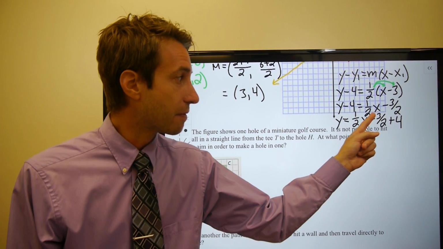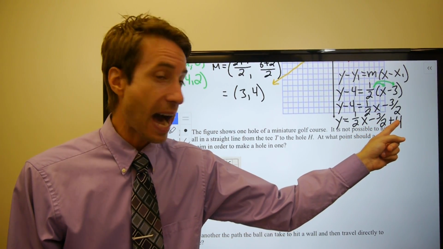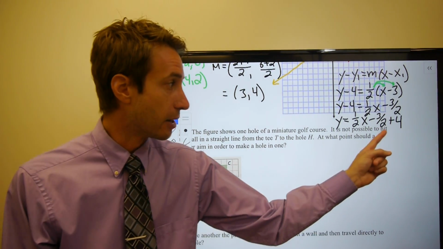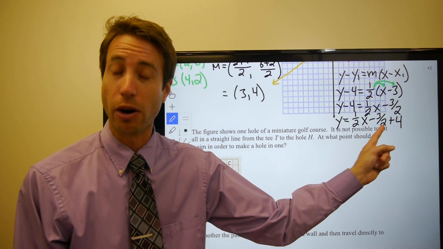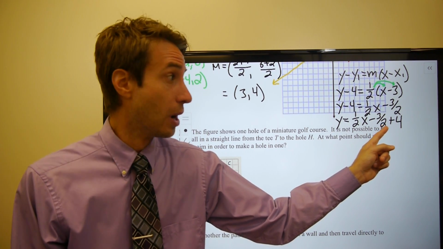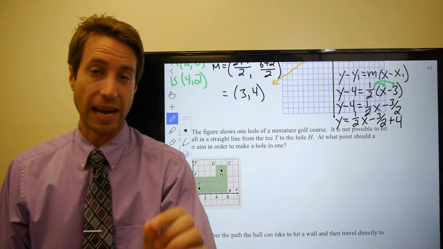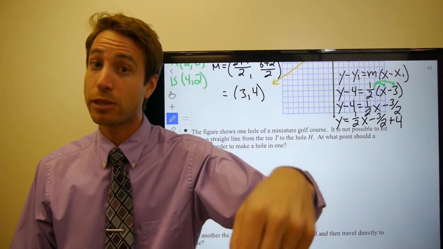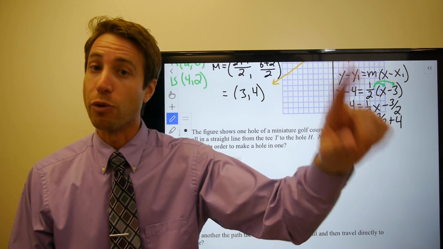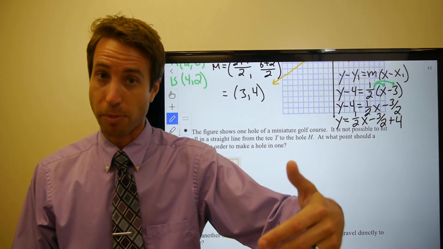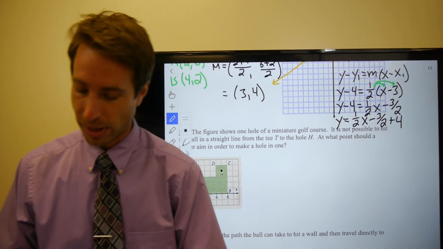I have negative 3 halves. I'm adding 4. To add fractions, I need a common denominator. Since I already have a denominator of 2, I need this 4 to also be over 2. But algebra says whatever you multiply to the bottom of a fraction, you also have to multiply to the top.